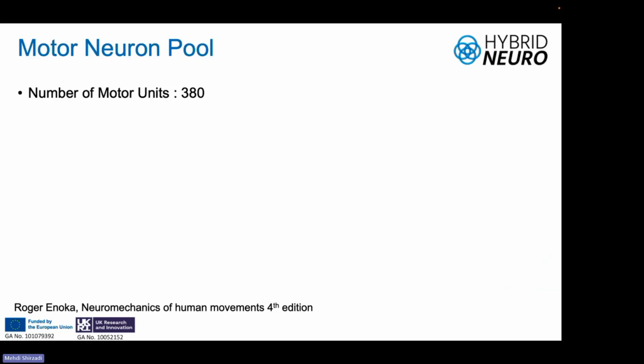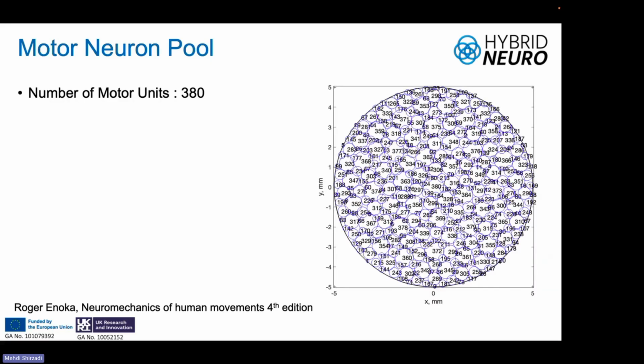In the literature, they found out that the number of motor units, or motor neurons, because each motor unit has only one motor neuron, so the numbers are the same, for this specific muscle is 380, and we need to put all of them into the surface of the muscle.